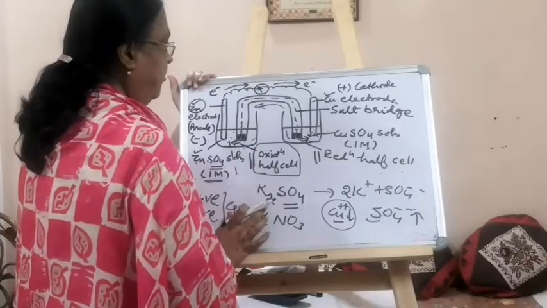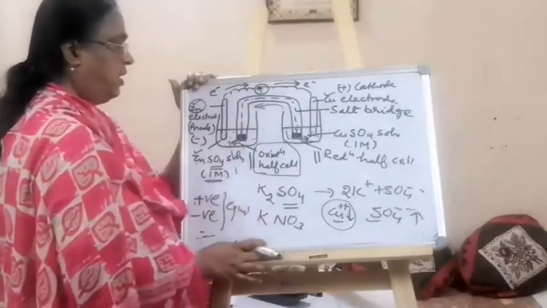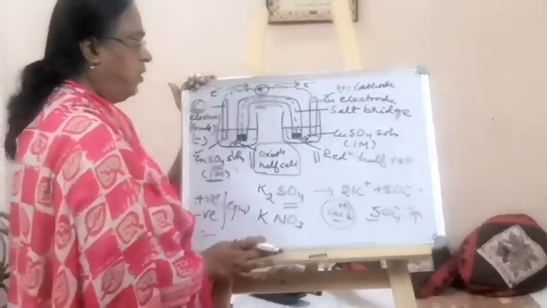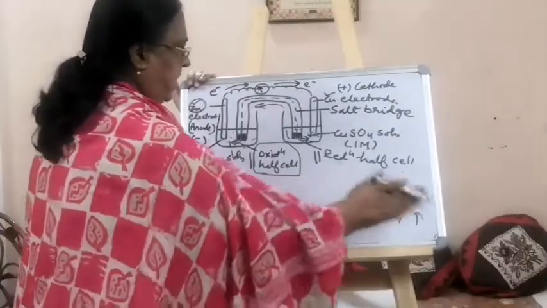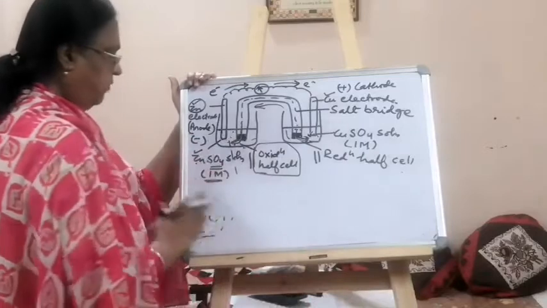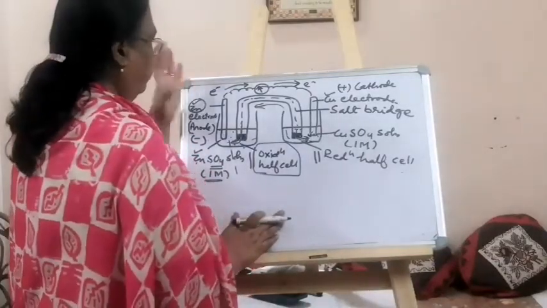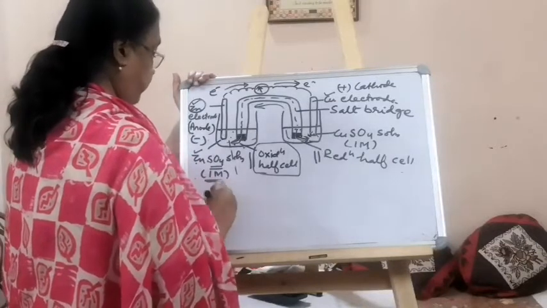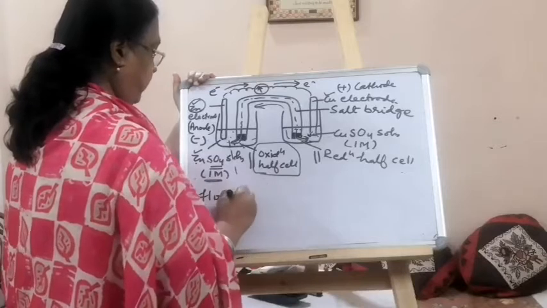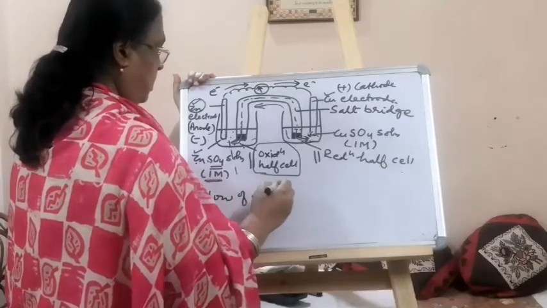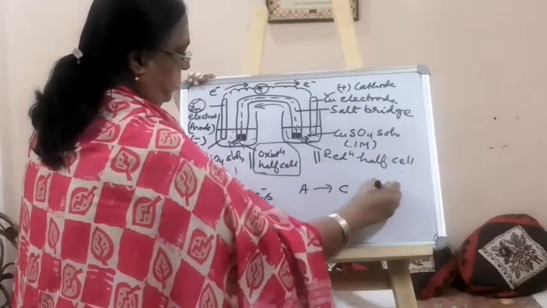As I told, as soon as we put the salt bridge, we see deflection in the needle because the current has started flowing. So remember students, in this galvanic cell we have two connections. One is the flow of electrons, taking place from anode to cathode in the external circuit.